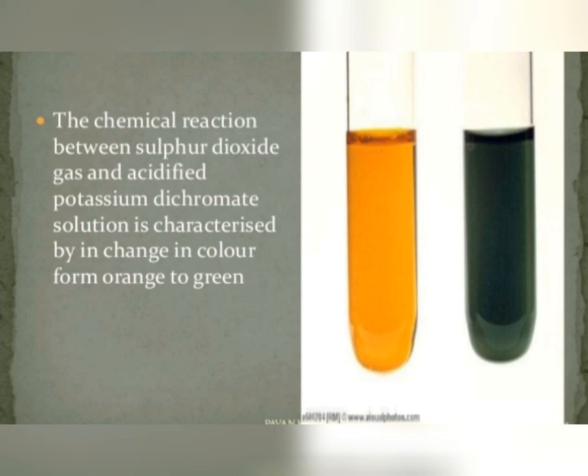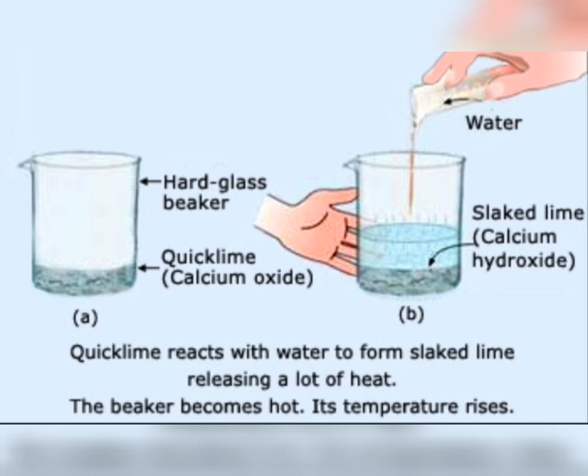Okay. Now let's take an example of a chemical reaction which is characterized by the change in temperature. For instance, let's take quicklime. Quicklime or lime. These are the two common names of calcium oxide. Okay, so if we take calcium oxide in, say, a beaker and then add water to it slowly, and then touch the beaker carefully, you will feel that the beaker is quite hot.